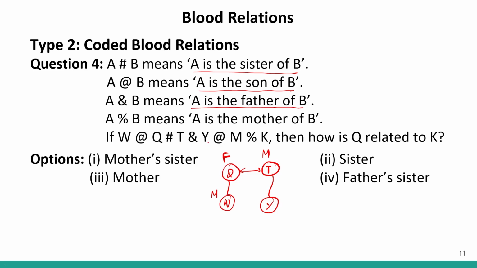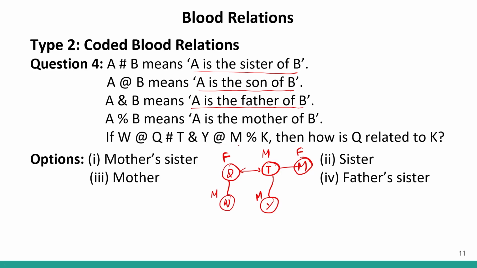Correct? Y at M means Y is the son of M. So if Y is the son, that means Y would be male. And son of M means M would be the spouse of T. So if T is male, M would be female. Correct? This much can we draw? Yes.